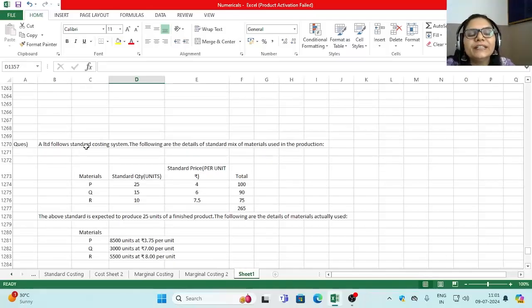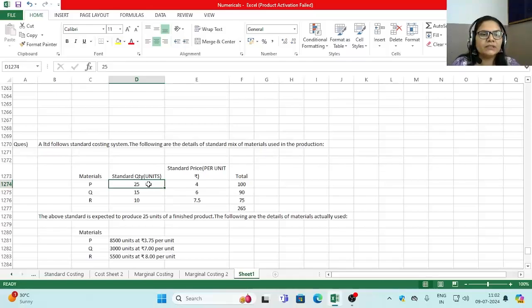The following are the details of the standard mix of materials used in the production.